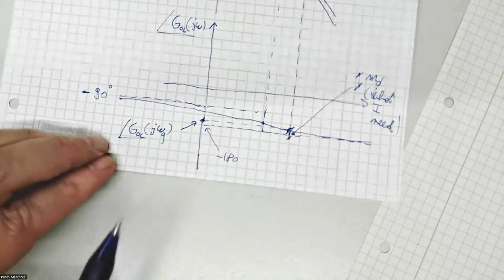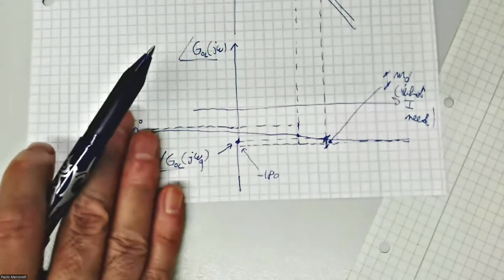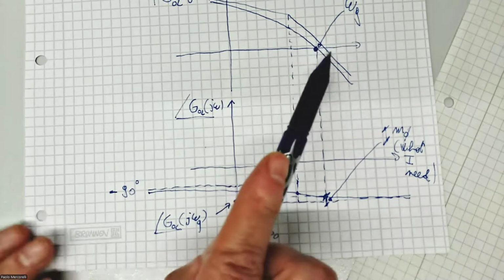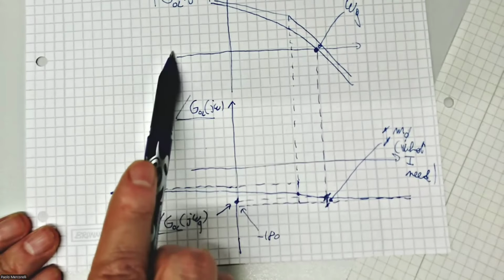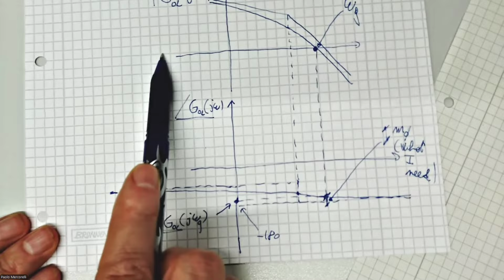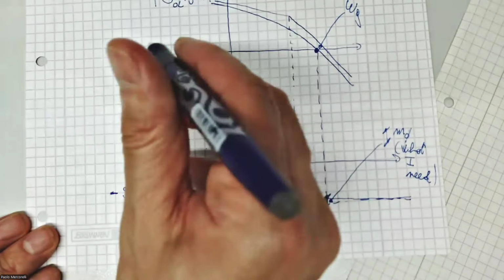Why is this a phase margin? Because it's the margin which I have with respect to the critical situation. You remember the critical situation is amplitude equal to 1. Here it should be 1. I have to write 1.